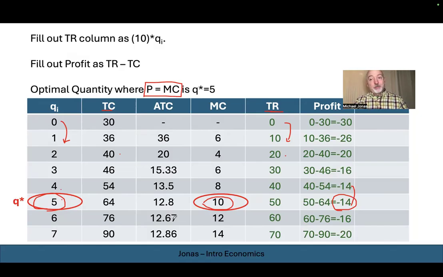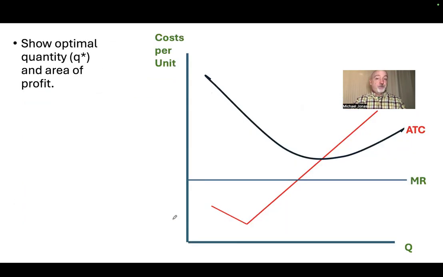So the next step, you turn the page on the exam, and it's going to ask you to show on that same diagram that includes marginal cost and average total cost, show where we can find our Q-star and show where we can indicate the level of profit.